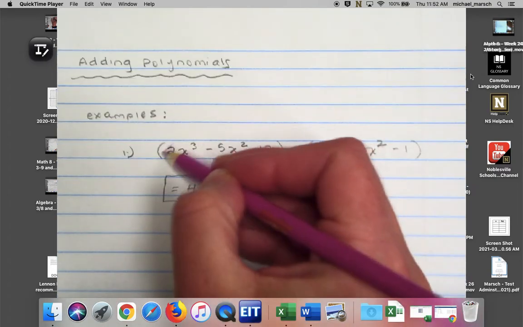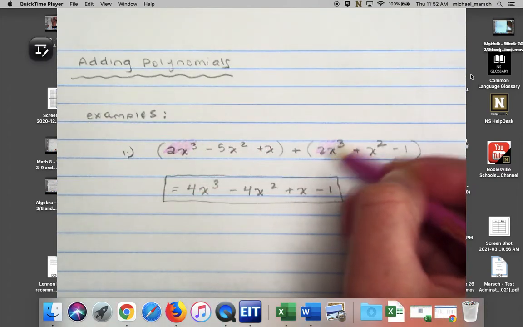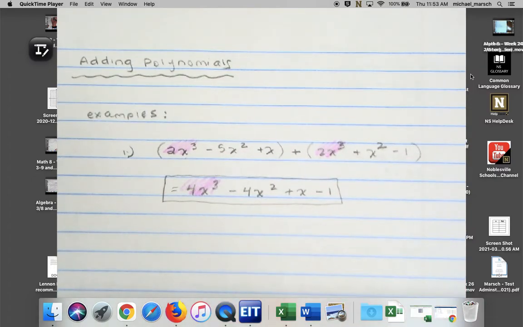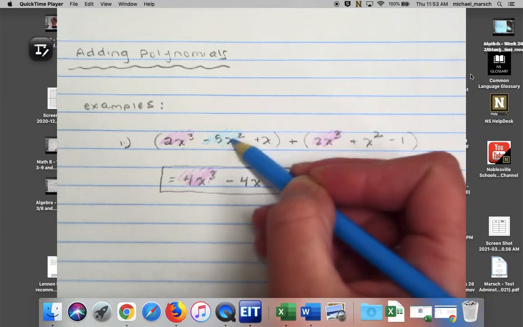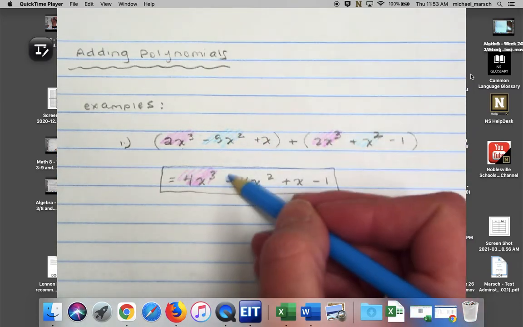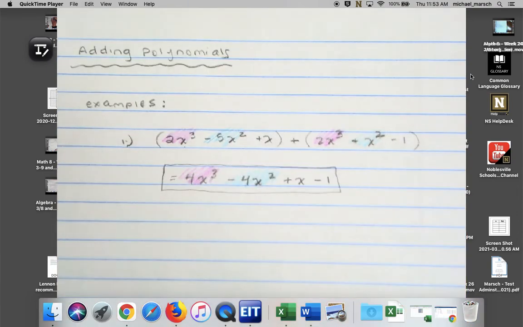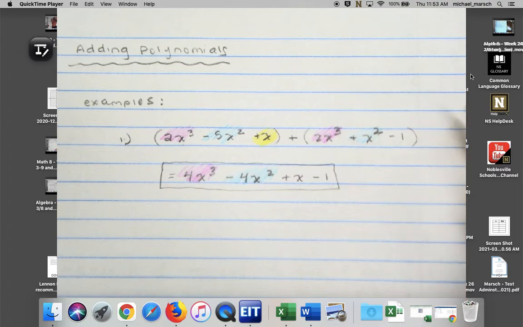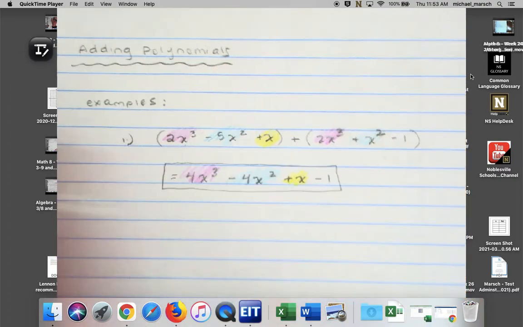I can combine this number and this number here because they all have x to the third, right? I can combine negative 5x squared and positive x squared because they both have x squared. This doesn't have anything over here that matches, so this just comes down by itself. Oh, I think I need a different paint.